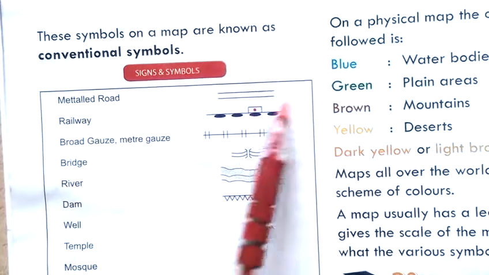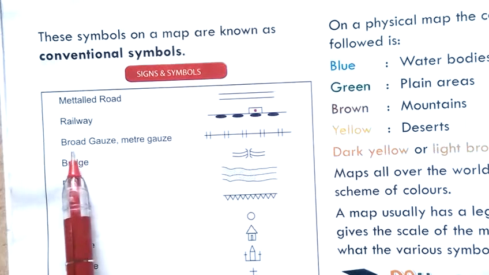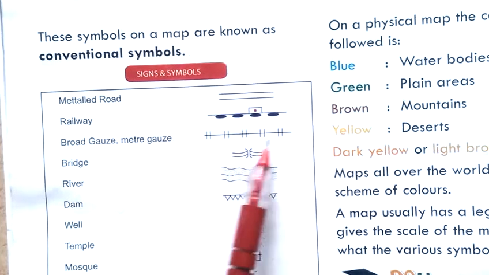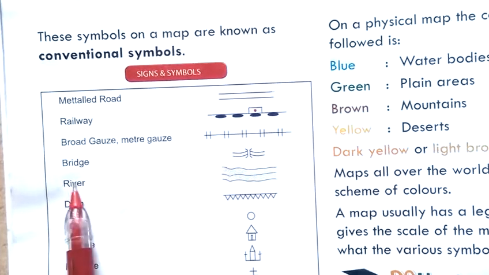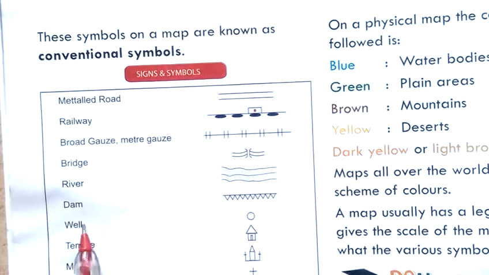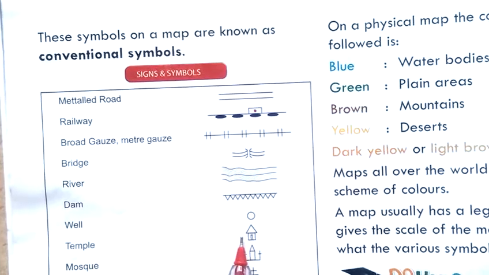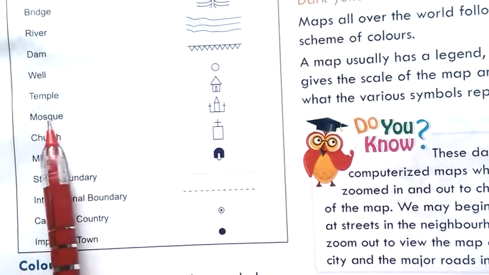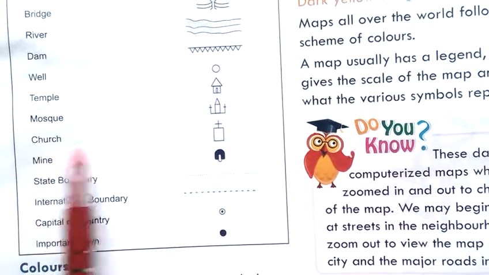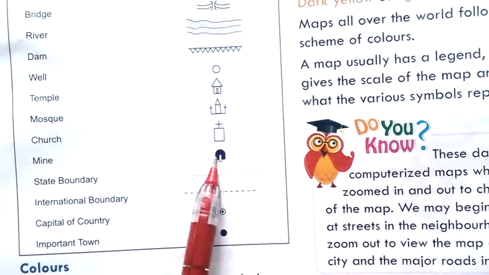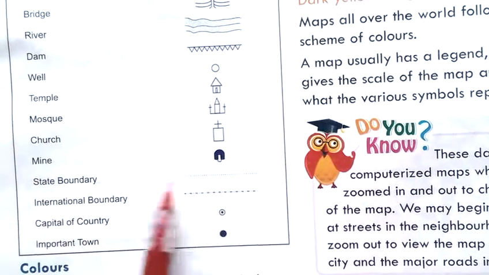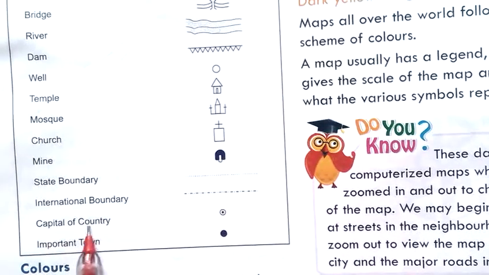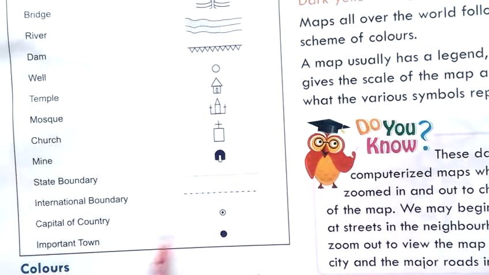Metal road, railways, broad gauge, meter gauge, bridge, river, dam, well, temple, mosque, church, mine, state boundaries, international boundary, capital of country, important town.